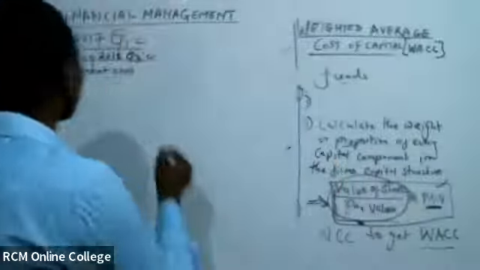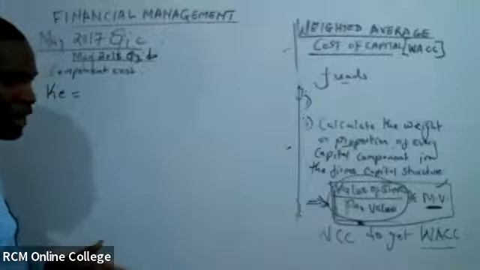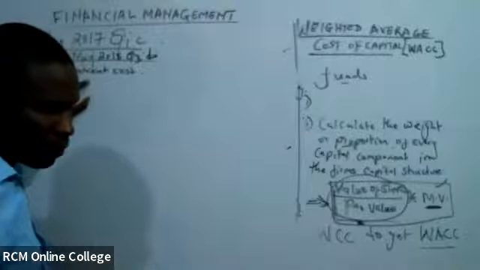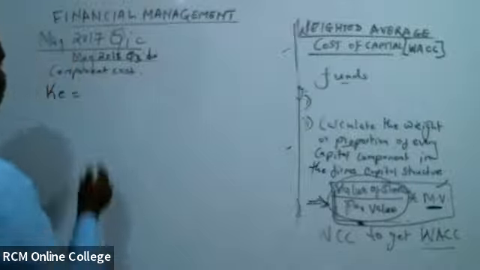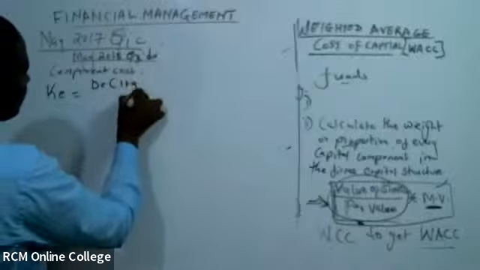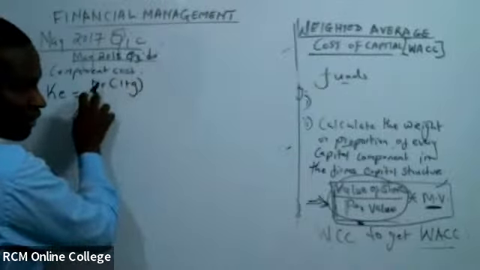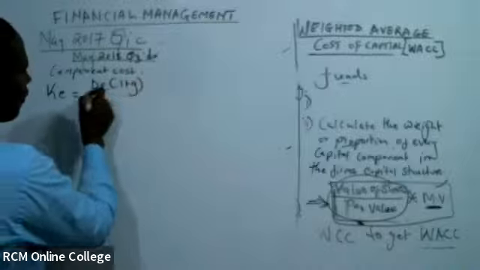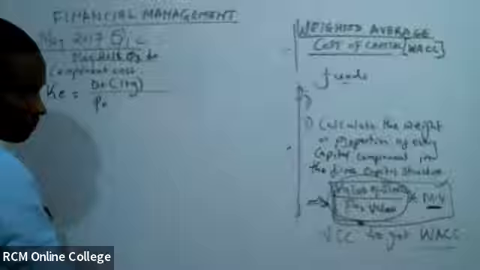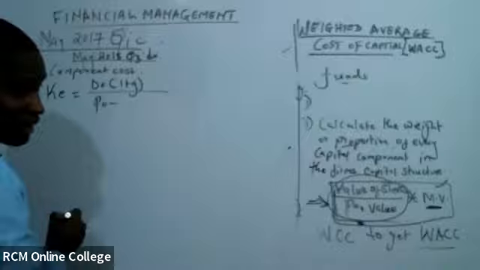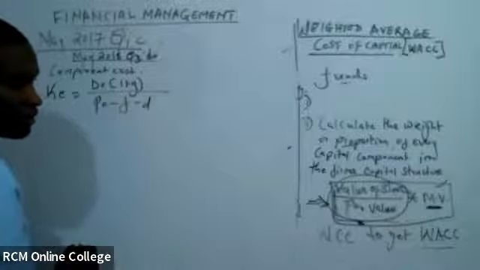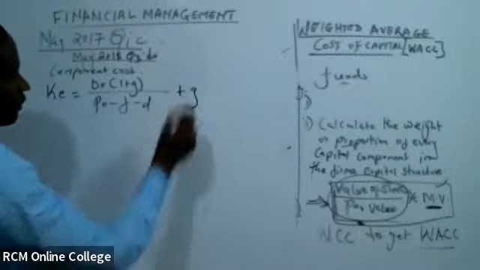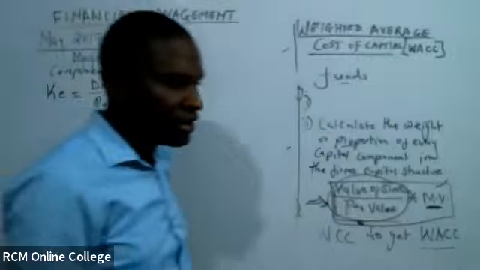KE is D0(1+G) over P0 minus F, where F stands for flotation cost, minus D, where D is for discount if given, plus G. G is for growth, P0 is the market price of the share. That is the formula to get KE.